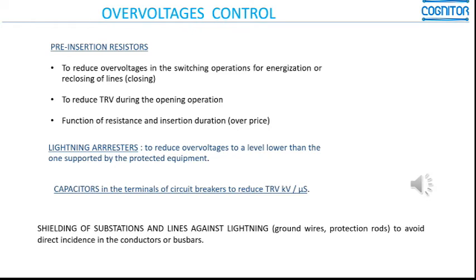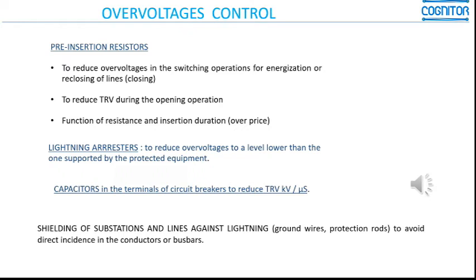For lightning arresters, the idea is just to cut the value of the overvoltage above a certain level, which can be accepted by the equipment that is protected. For capacitors, in the terminal of circuit breakers, we are doing the same thing.